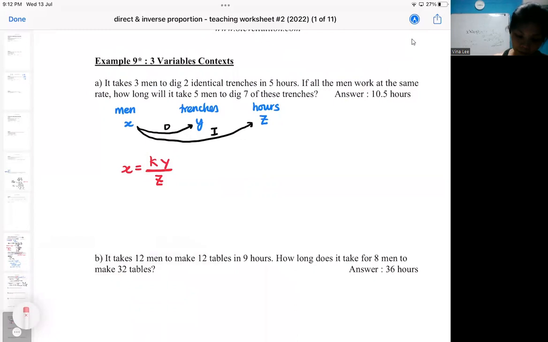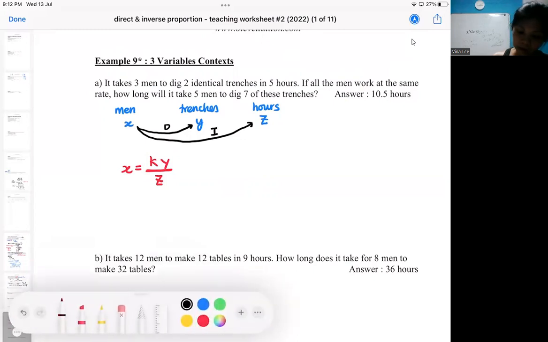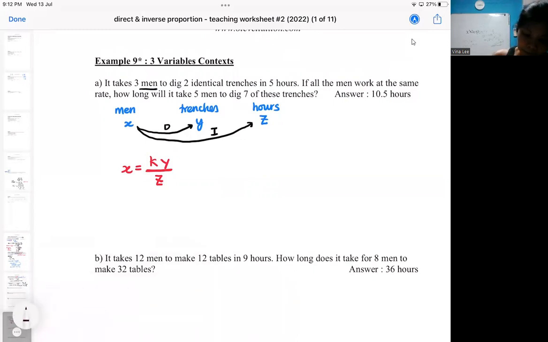So how do you find the value of K? Just now, X is the number of men, and there are 3 men, so X is equal to 3. Y is the number of trenches, and there are 2 trenches, so Y is equal to 2. Z is the number of hours, and this is 5 hours. So from here, I can tell my XYZ values.